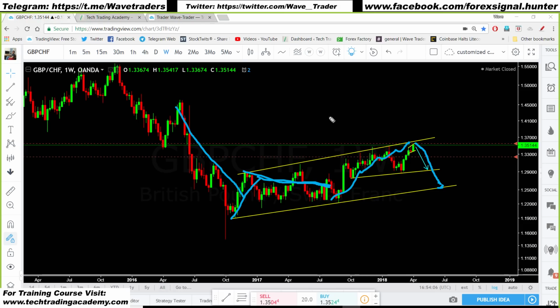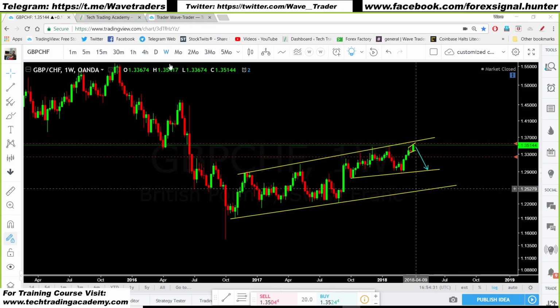This is a correction against that impulsive move. If this is not going to break down for continuation to the downside, at least price is going to test this area. This move is almost completed, finished. Now it's time to sell from the top. Watch the top and look for a sell on the Pound Chief.